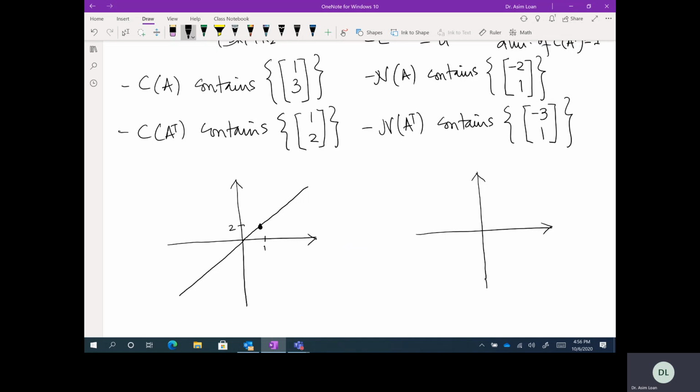This is the row space of the matrix. This is Rn, which is R2, and this is Rm, which is also R2. The next one is the null space, which is minus 2 and 1.